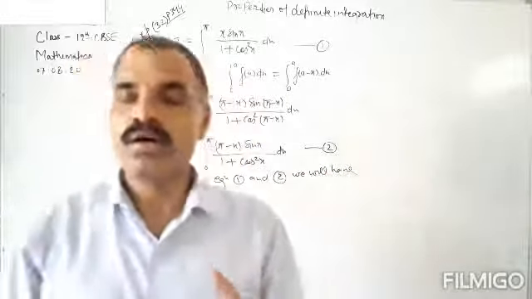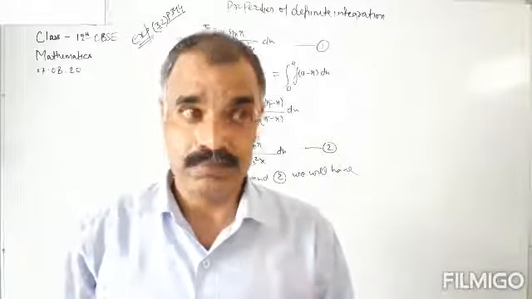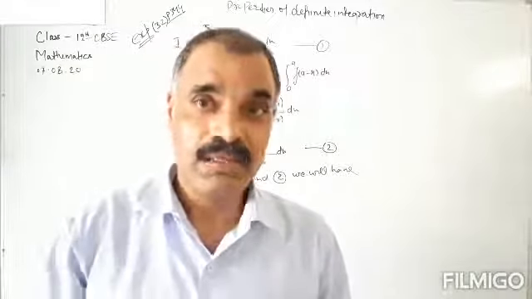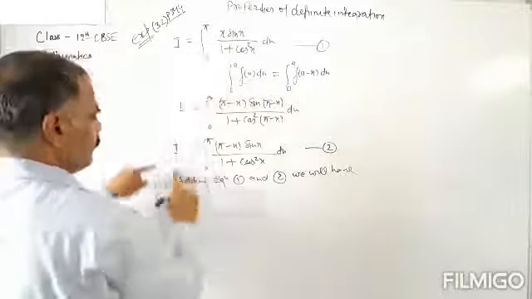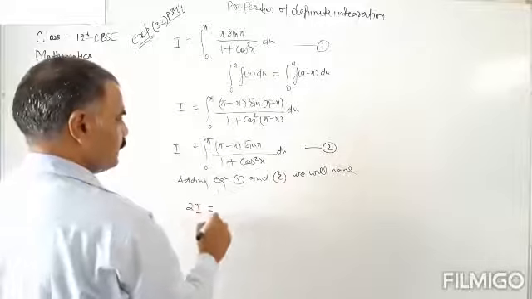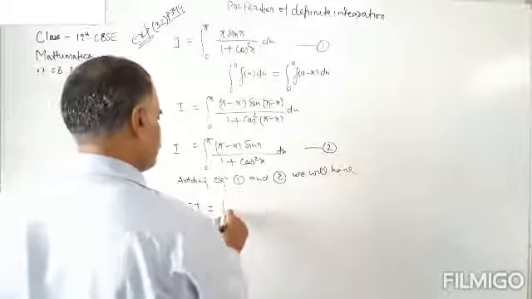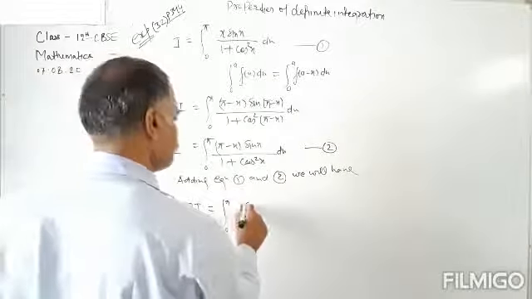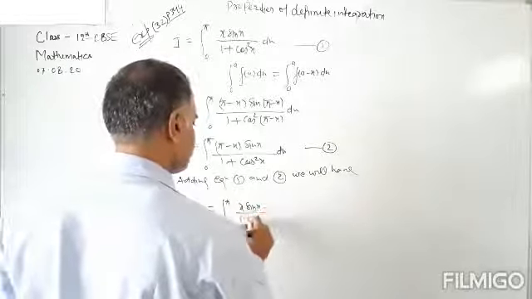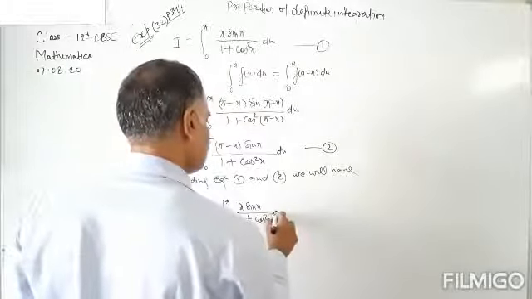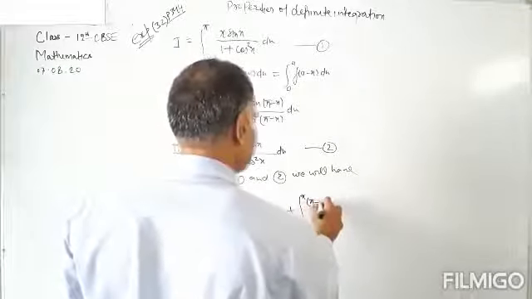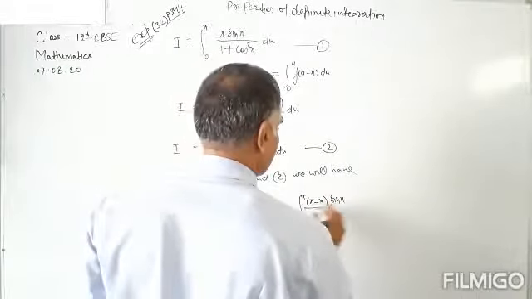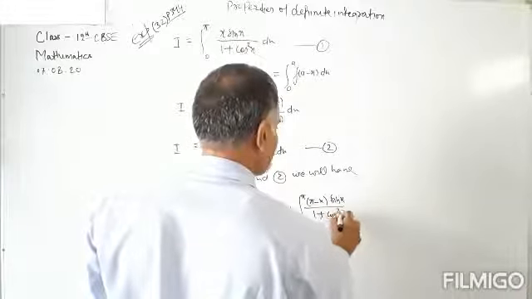You should know how to use the property. Okay. So adding first and second, I plus I equals 2I. So 2I on the left hand side and on the right hand side 0 to pi x sin x upon 1 plus cos square x dx plus 0 to pi, pi minus x sin x upon 1 plus cos square x dx.